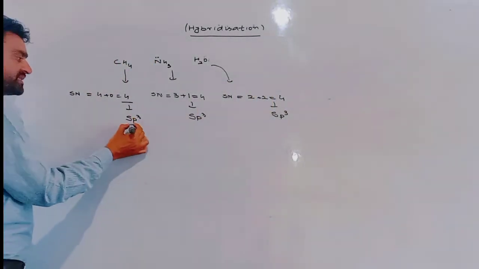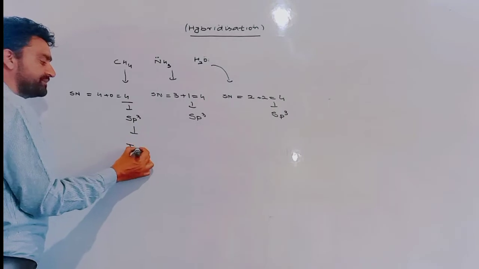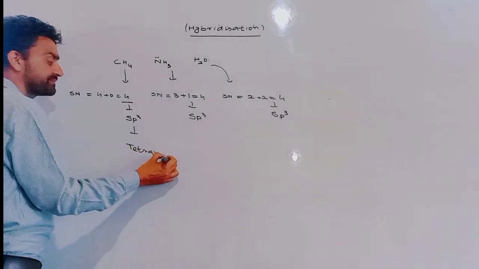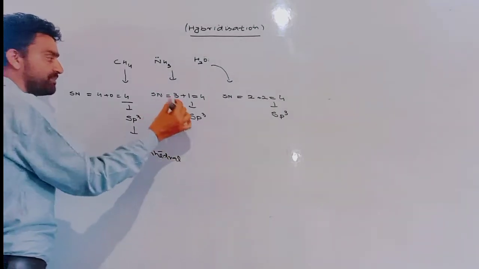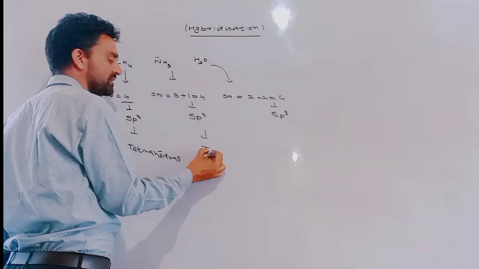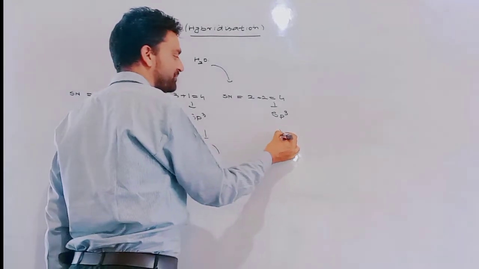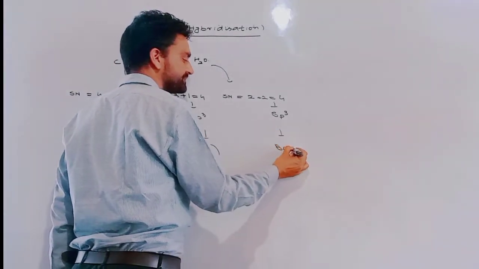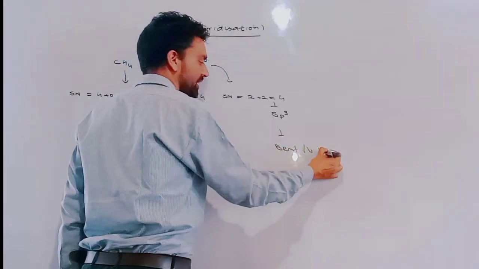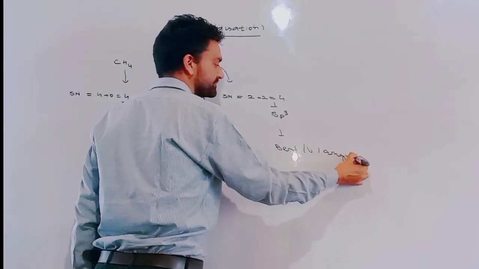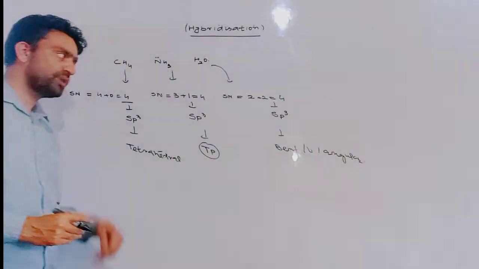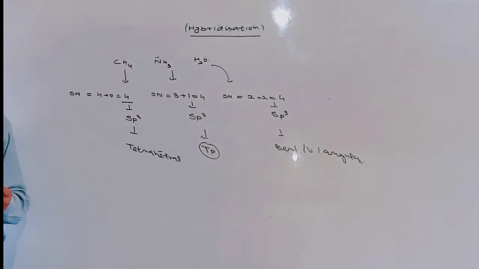What is the shape of CH4? Is it tetrahedral? What is the shape of NH3? It is trigonal pyramidal. What is the shape of water? Is it bent, or V, or angular? So I will again tell you about hybridization.